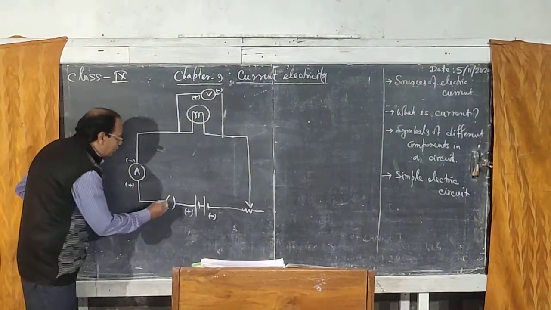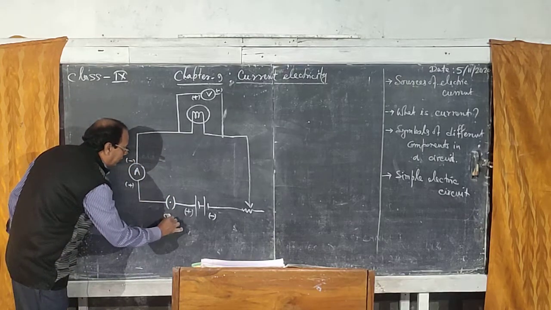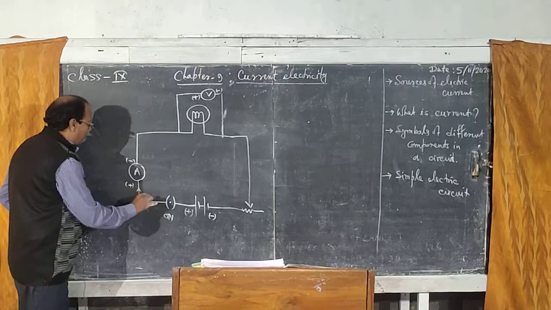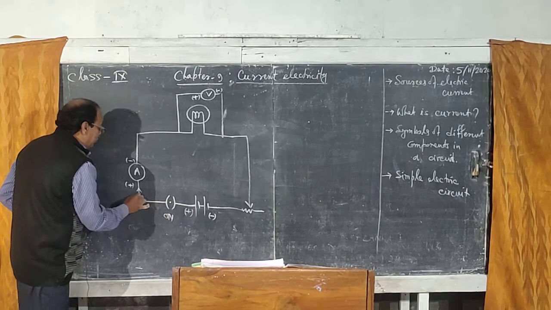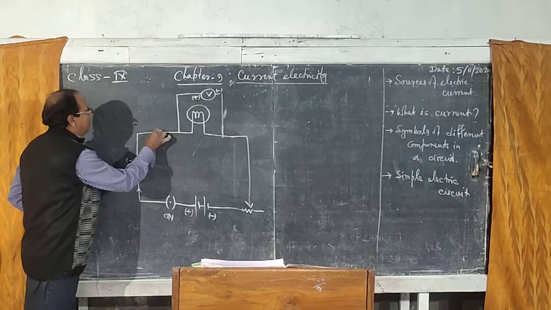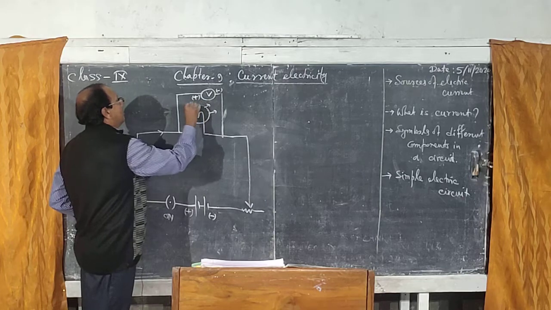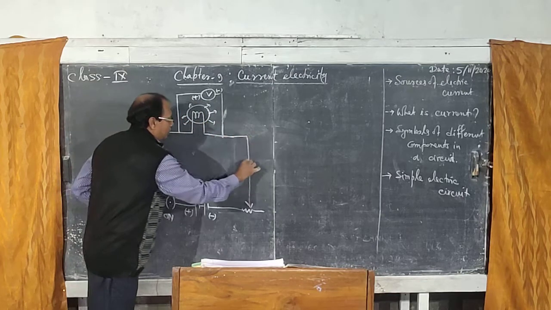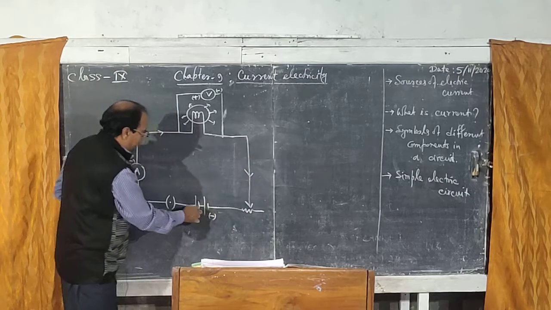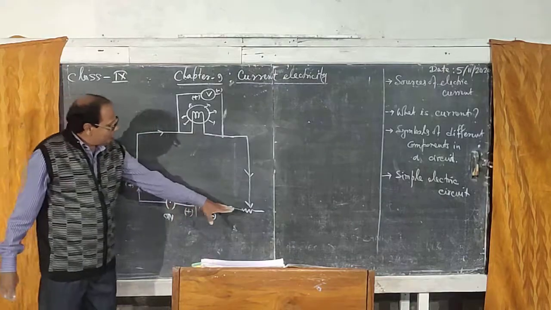Now as soon as the switch is on, means the plug is kept here, then it is in on position. Now current starts to flow from the positive terminal through the ammeter, through the bulb, and the bulb is glowing, right, and the current flows back to the negative terminal of the battery. Now what is the function of the rheostat?